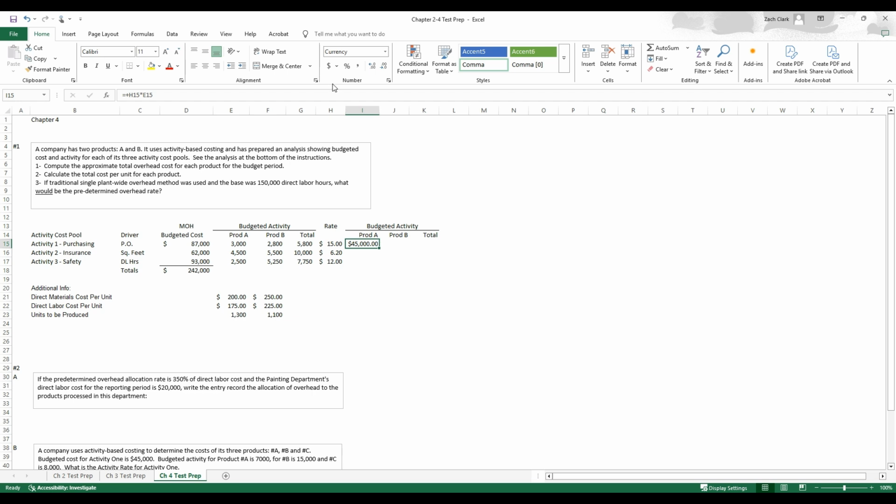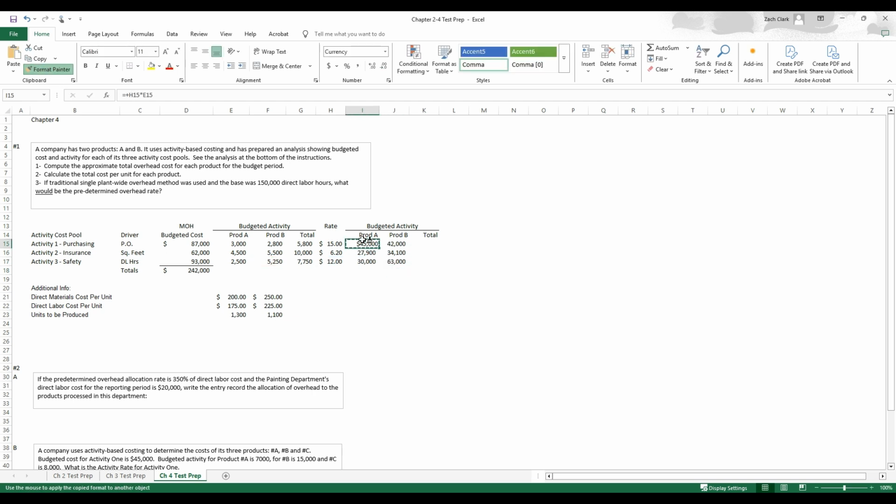So we're going to take our $15 rate times the individual amounts there, the $6.20 rate times the amounts, and then the $12.